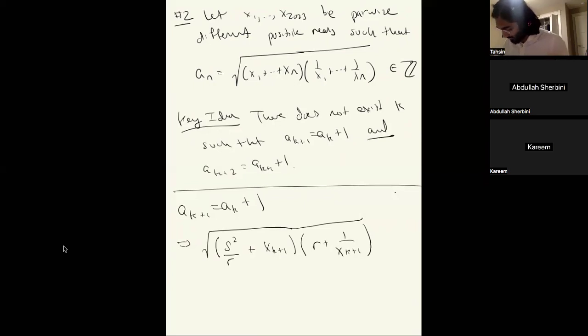Okay, so maybe I'll just write AK. And what is r? Any number such that a k squared divided by r gives you x1 plus x2 plus until x k.